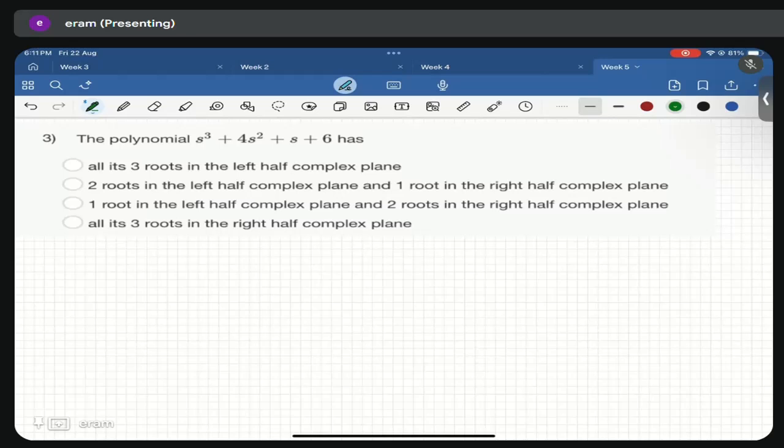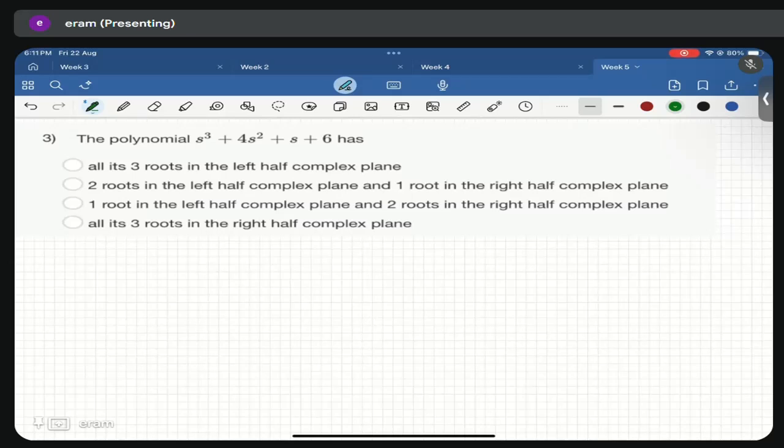Two roots in the right half plane and one in the left half plane. We will solve this question using the Routh-Hurwitz criteria only.